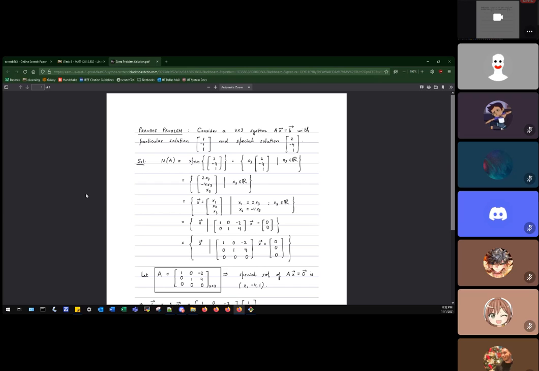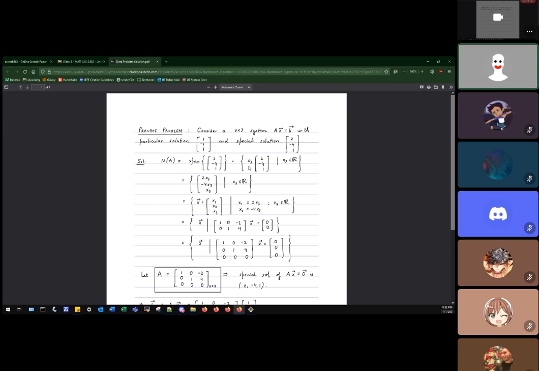So I guess what's happening here is we recognize that the null space is equal to the span of this vector, and then we set some constant as a coefficient of this vector.